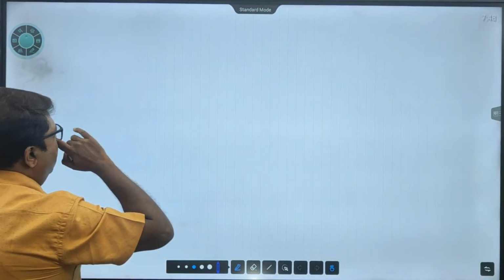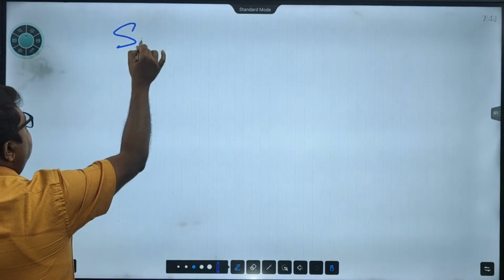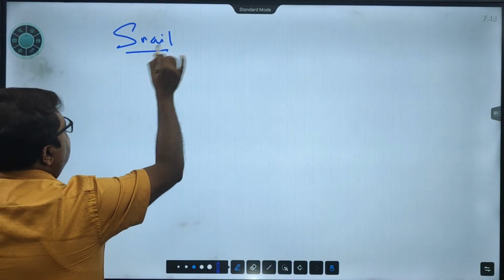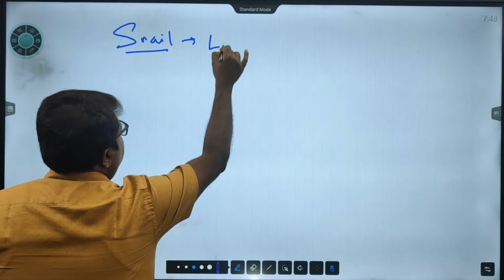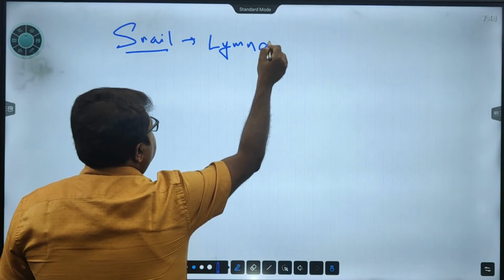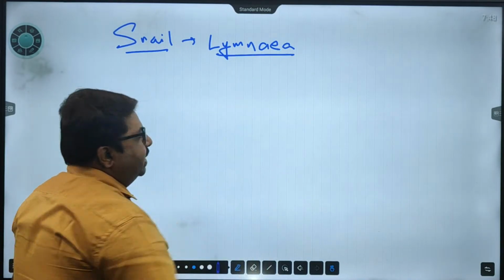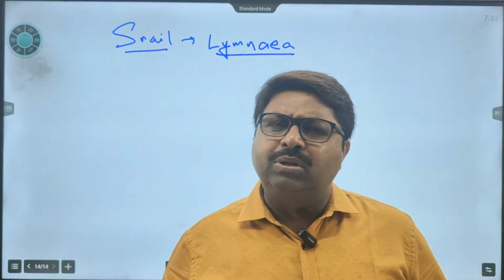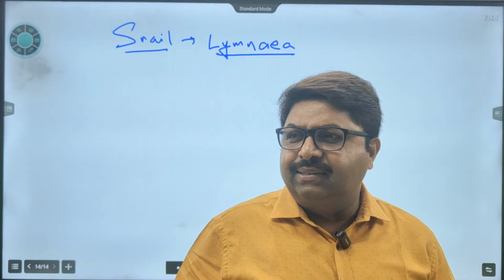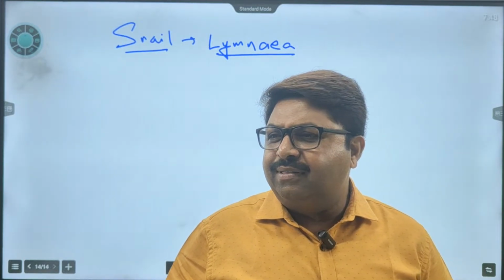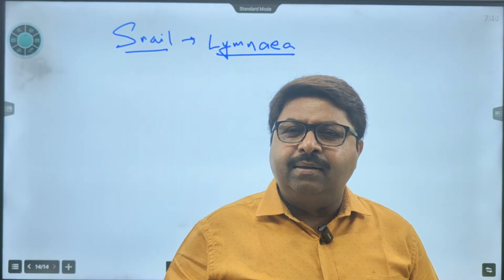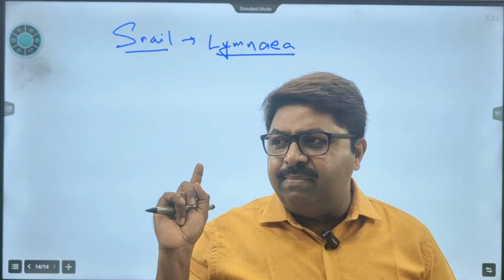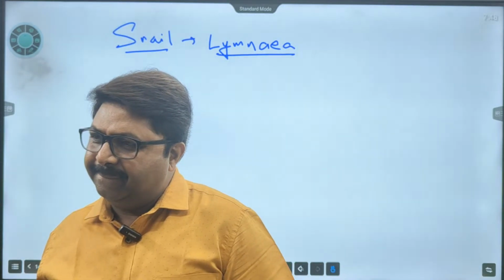So the moment we talk about mollusks, what comes to our mind is the snail. I think we have talked about Limnaea. Remember? Where did we read it? Fasciola hepatica, liver fluke. They complete their life cycle with two hosts, one is Limnaea and the other is goat.